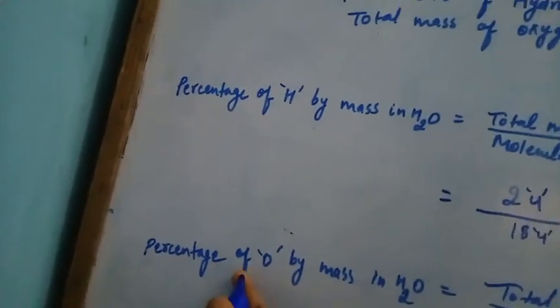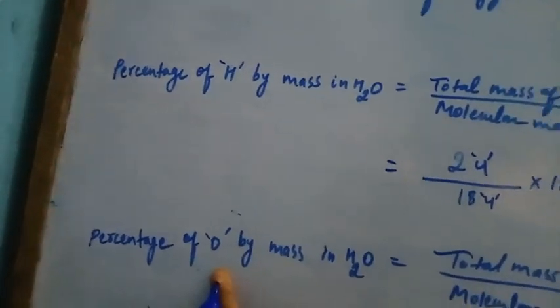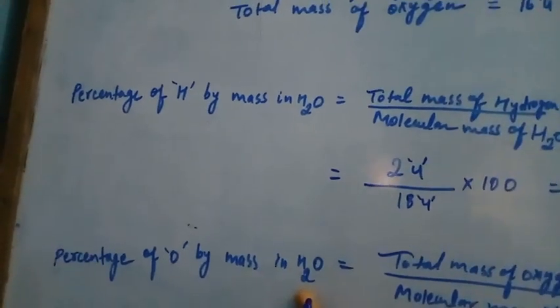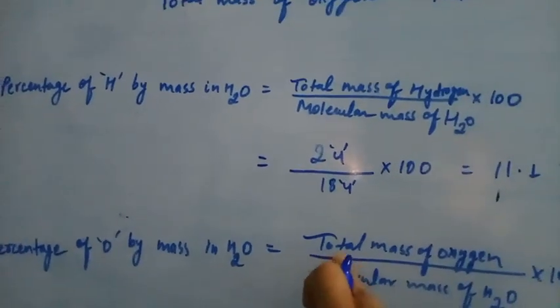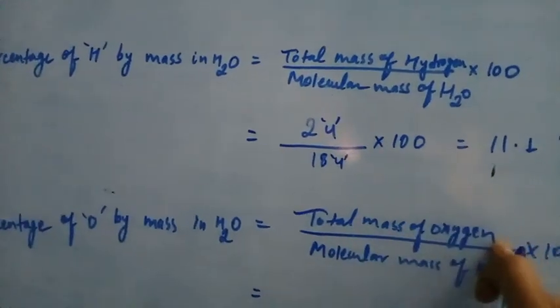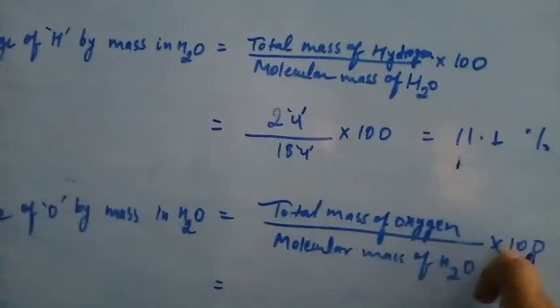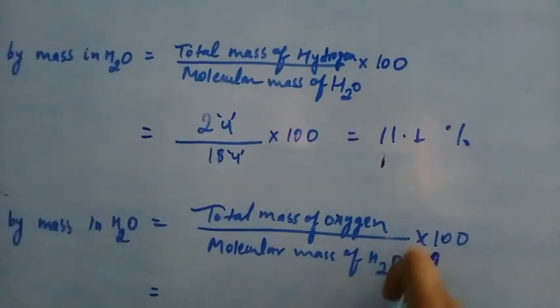Similarly, we will find out the percentage composition of oxygen by mass in water. It is equal to the total mass of oxygen in water divided by the molecular mass of water, into 100.